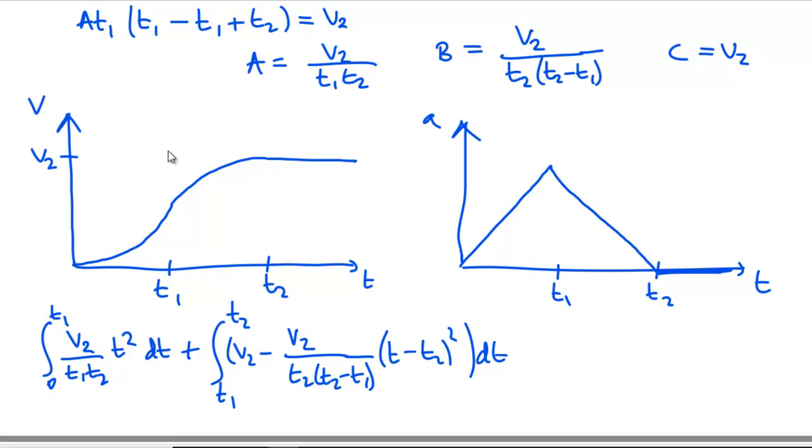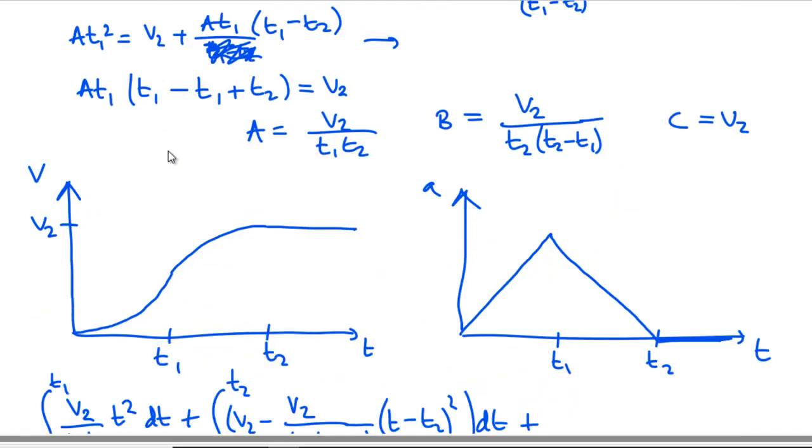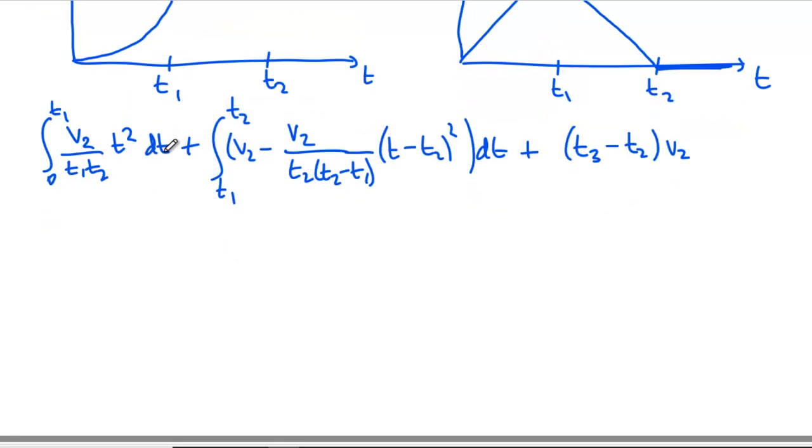This is going to be just so tedious. And then what was the last bit? It was the, oh, we're just moving at v2 for t3 minus t2 seconds. So t3 minus t2 times v2. So we've got to do all of these integrals.